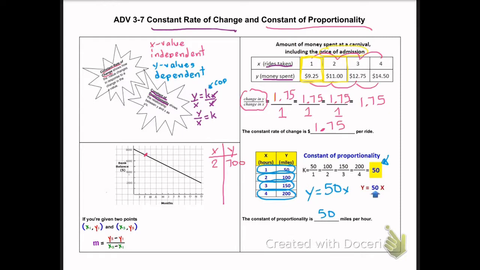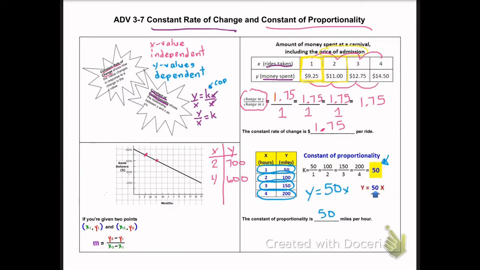Now let's find another intersection, so right here. And so that's January, February, March, April. It's the fourth month, and it's at $600. And I know that it's falling at a constant rate. I can tell that because we have a straight line. So I know we have a constant rate of change.